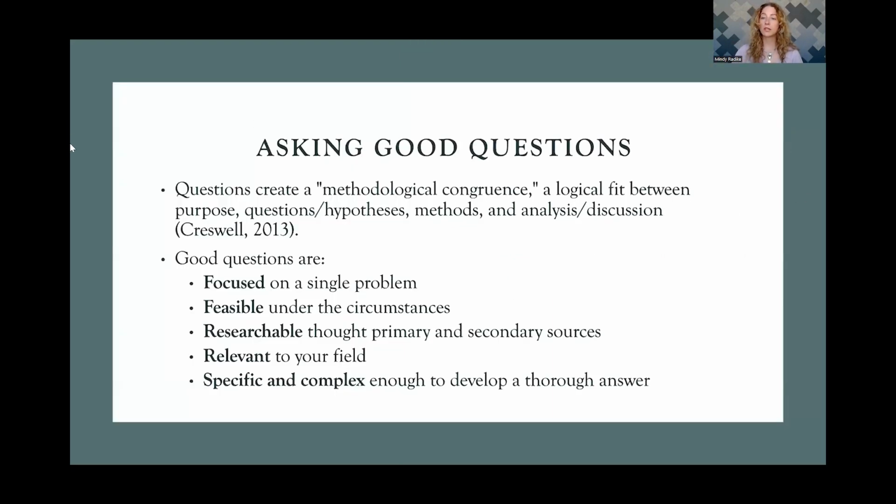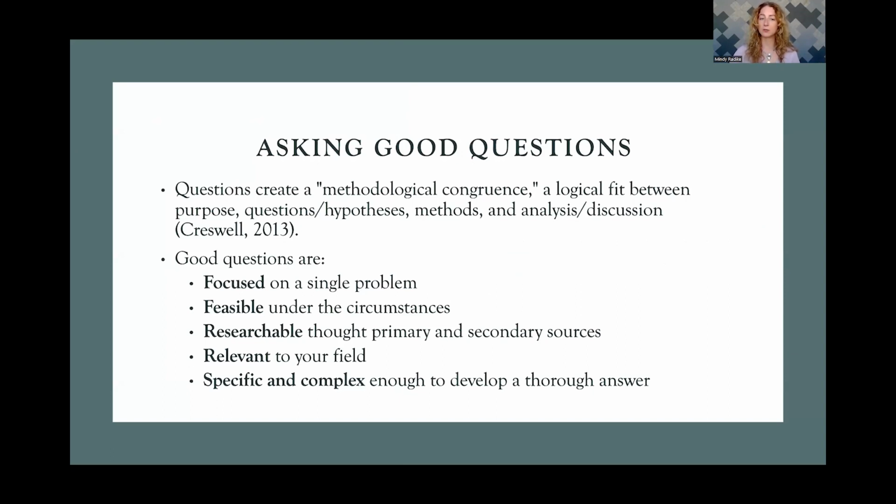Okay, so before you begin your QI, you want to make sure that you're asking yourself good questions. Good questions are going to create something called methodological congruence, and that is a flow between each section of the IMRAD or the QI, the introduction, the methods, and so on. Good questions are focused on a single problem.